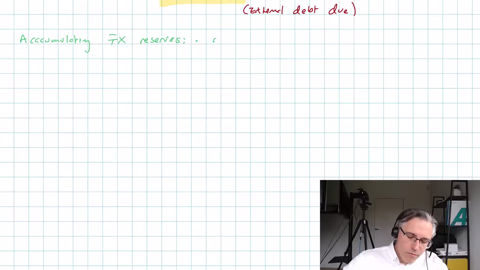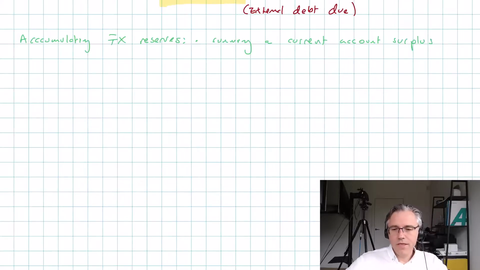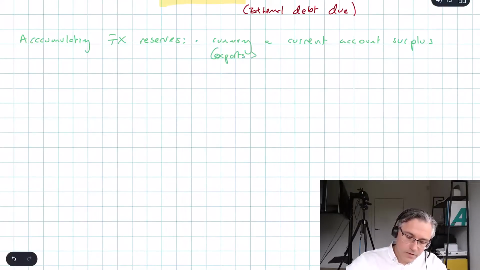Well, they come from potentially running or operating with a current account surplus, which basically means you are exporting more than you are importing.